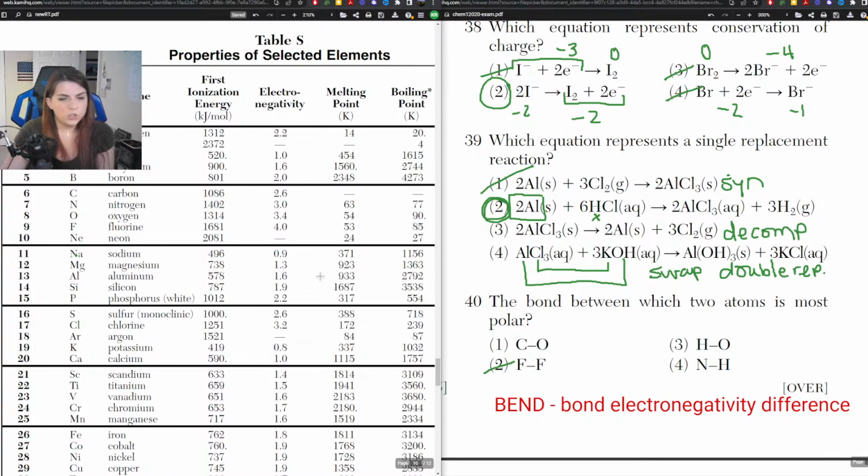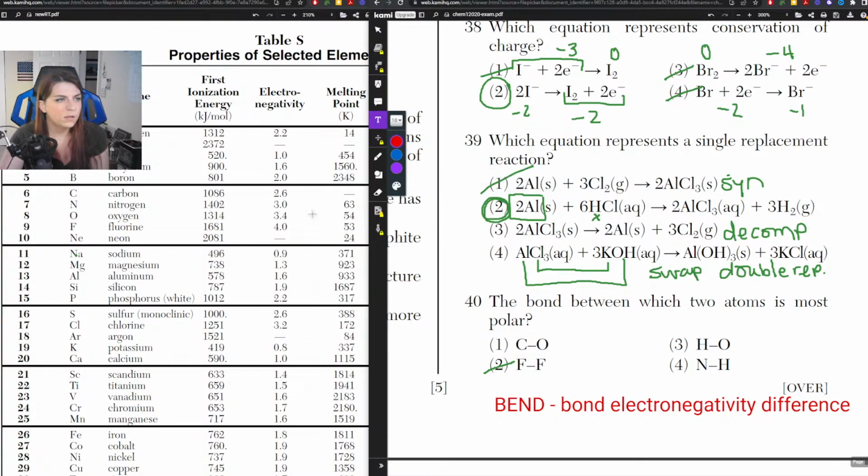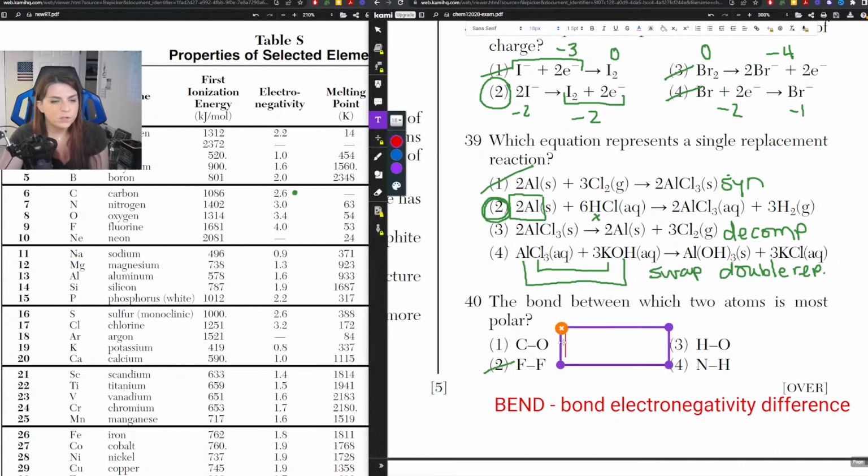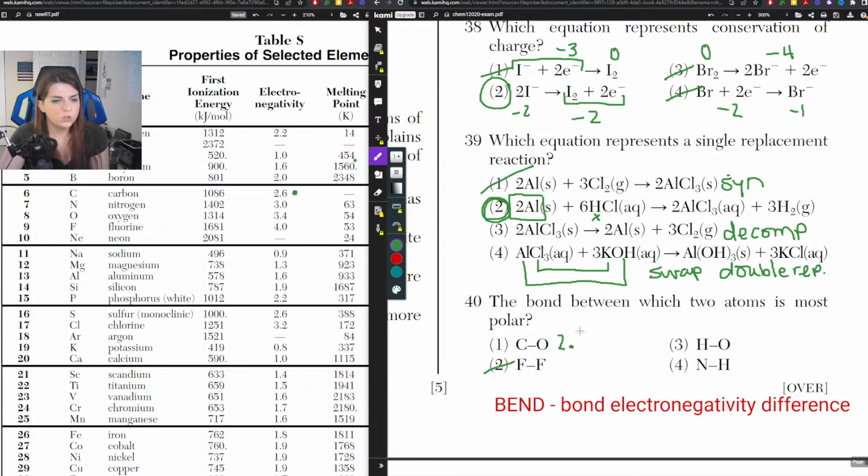Okay, so carbon is 2.6, and then oxygen is 3.4. Truthfully, it doesn't matter which direction I subtract these, but that should give us 0.8, right? 3.4 minus 2.6. I'm not good at mental math, so I always check. Okay, in total, the difference there is 0.8.